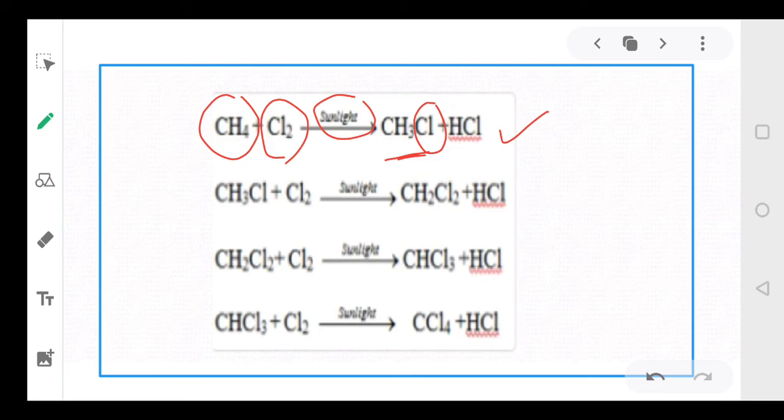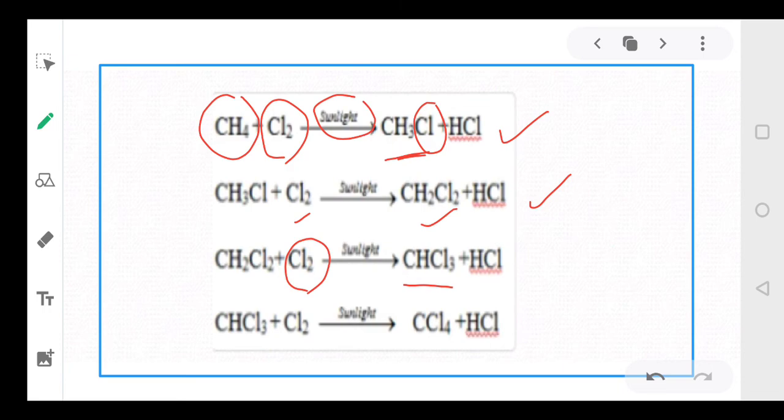अगर हम दोबारा से इसे हीट करते हैं तो again another atom will be replaced, so it will become CH2Cl2 plus HCl, again एक HCl मॉलिक्यूल रिलीज हो जाएगा. अगर हम फर्दर क्लोरीन एटम को रिप्लेस करते हैं तो again CHCl3. So number of chlorine atoms is increasing slowly. हाइड्रोजन का जो नंबर है डिक्रीज हो रहा है और क्लोरीन एटम्स का नंबर इंक्रीज हो रहा है.